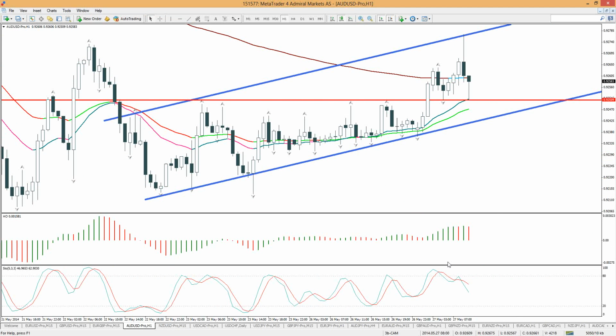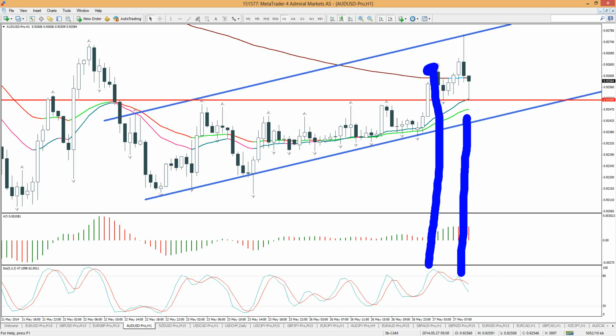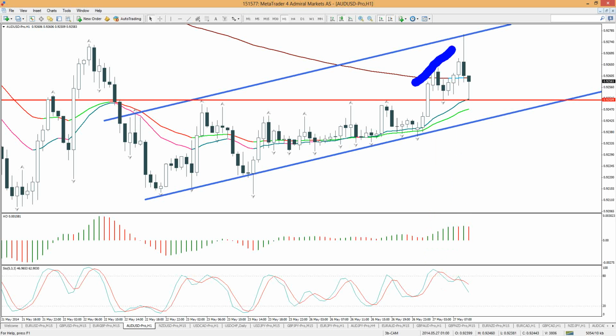You can see clearly this peak here above 80, and the second peak clearly not above 80, which is a very nice divergence, right? And we see a corresponding bearish price action. So I think the chances of a close below this 92.50 are pretty fair because of this divergence here.